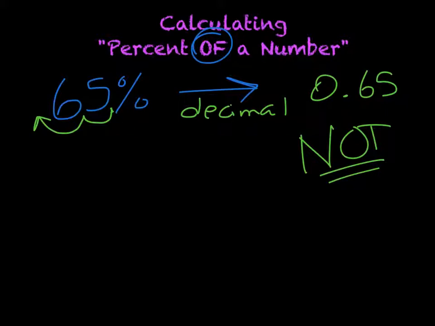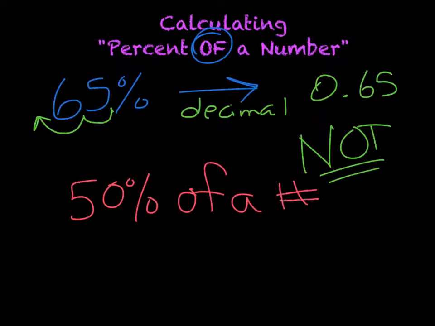If I'm calculating percent of a number, that's using a proportion. I'm trying to figure out what portion of the number is this certain percent. So for example, 50% of a number, well, hopefully you just know that that's half. So then I would just calculate what half of that number is.